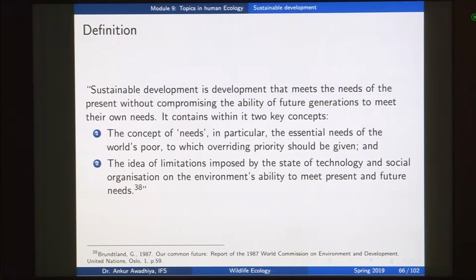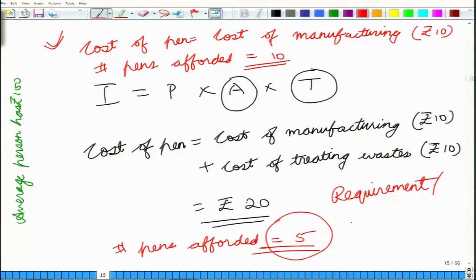Suppose in your current generation you require say 6 pens, and if you devote 10 rupees into treating the waste and devote everything into the future generations, you are only able to get 5 pens. So, that is not a good scenario, because you are not able to meet your needs.